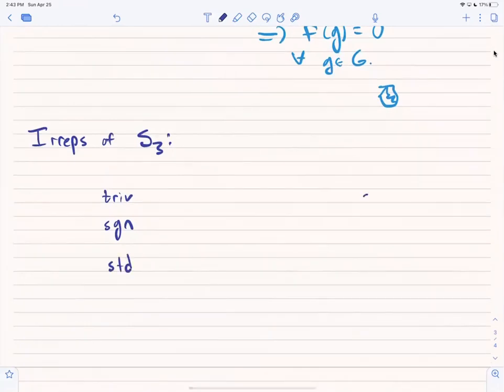So standard is just the set of x, y, z such that x plus y plus z is equal to 0 in C3, where the action is by permuting the coordinates.